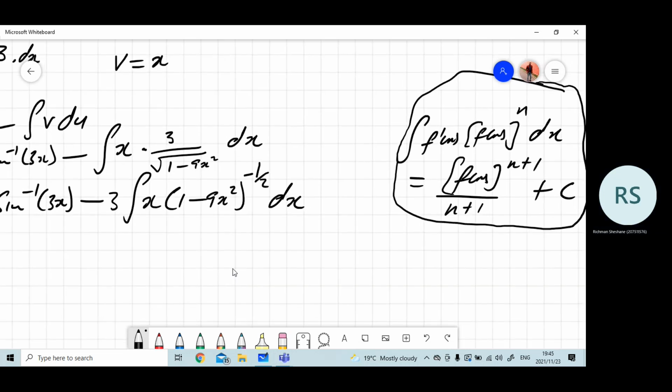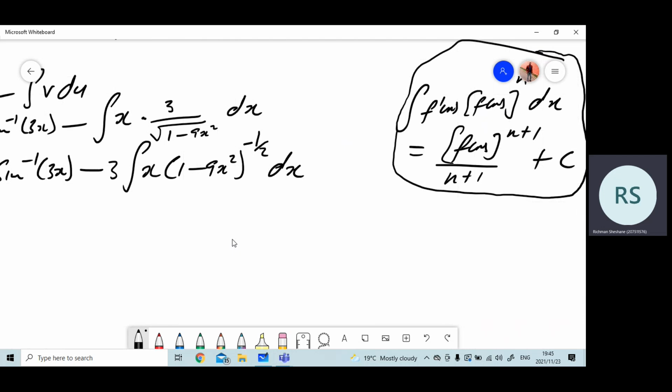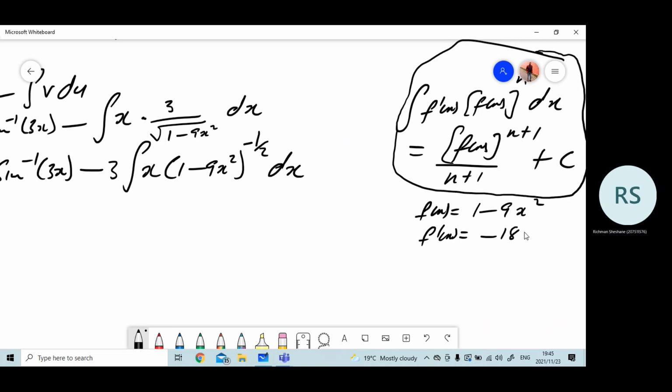So what I'll do here, I'm interpreting the second term. I'll let my f of x be 1 minus 9x squared, my inner function. Now I want to check what I have for f prime. I'll find f prime here. So this is minus 18x. The derivative of this function is minus 18x.